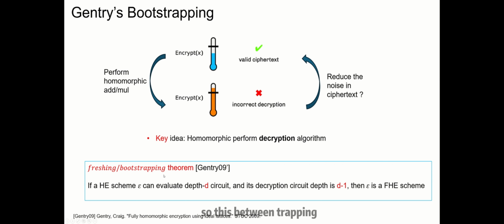So this bootstrapping theorem says that if a homomorphic encryption scheme epsilon can support a depth D circuit, which means it can support a multiplicative depth of D, and its decryption algorithm is relatively simple, so that it can be tolerated by this homomorphic encryption, then this homomorphic encryption epsilon is essentially a fully homomorphic encryption.